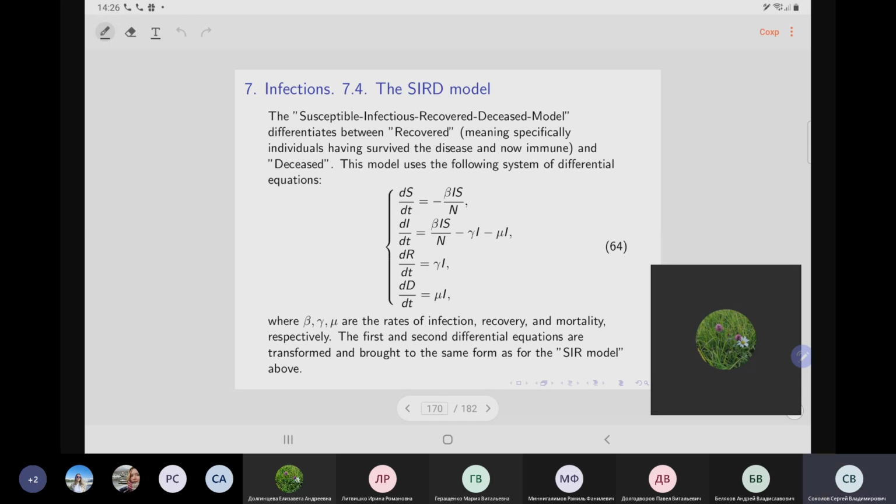We can consider our epidemic model with some number of individuals who die in case of the infection, and we can make the same analysis of our equation. So as usual, our SIR model, but with the mortality.